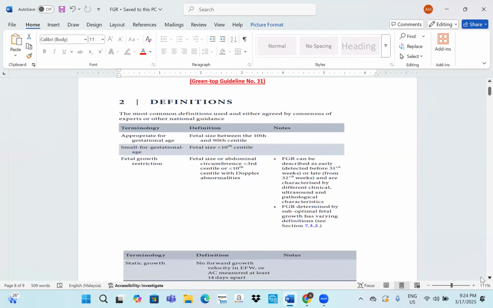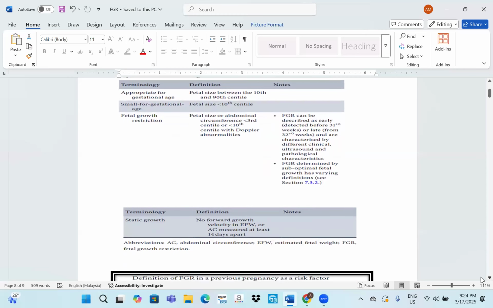Okay. Now here you see in this new guideline, a new term is introduced, which is called early IUGR and late onset IUGR. So the early IUGR is detected before 31 plus 6 weeks, and the late is 32 weeks onwards.